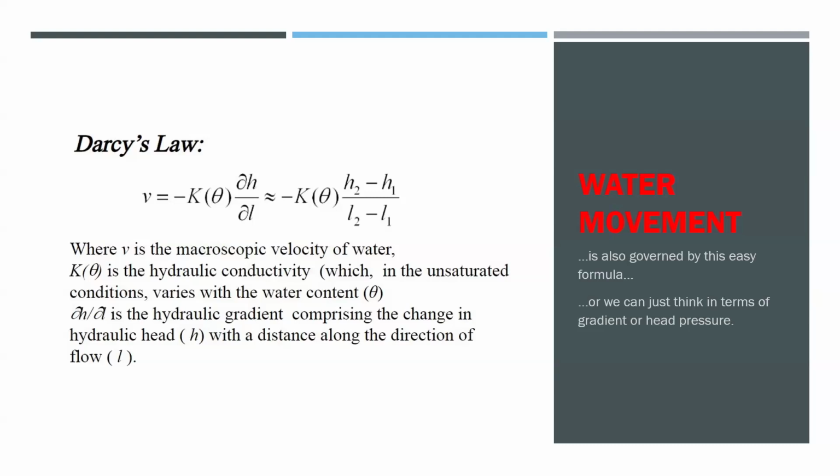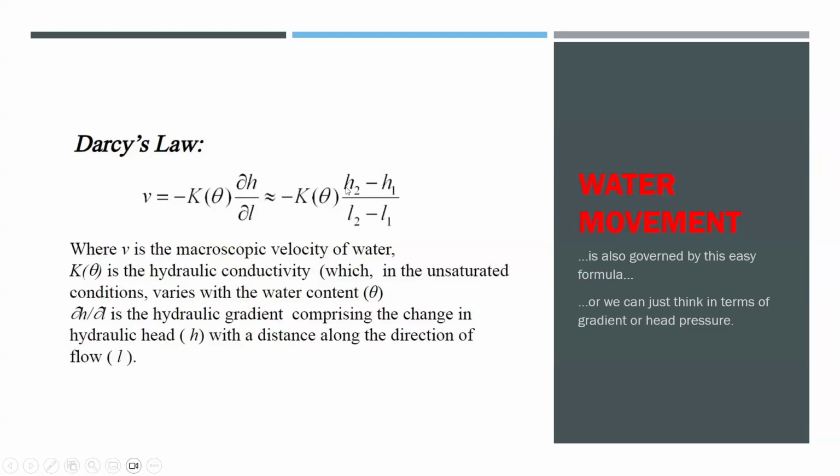The basic thing you have to understand is that the velocity or volume of water that's moved is based on the biggest thing here, this letter K, and that's the hydraulic conductivity. That's just a measurement of how much water can be transmitted.